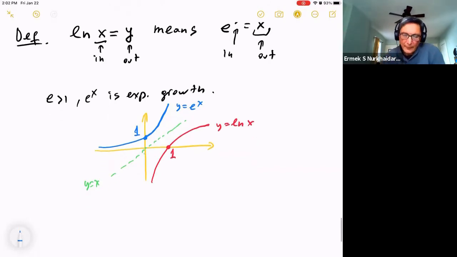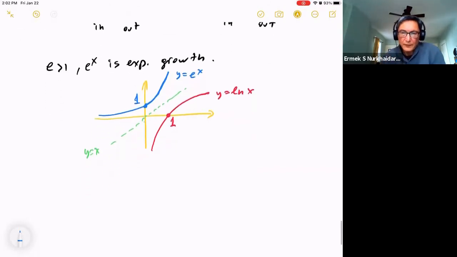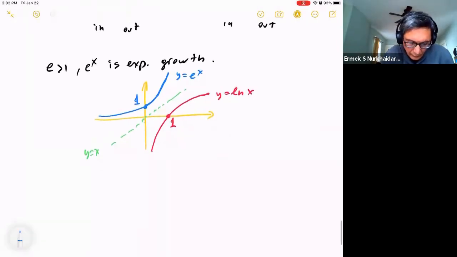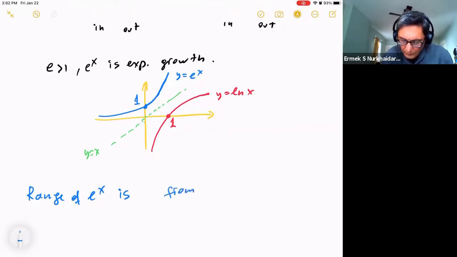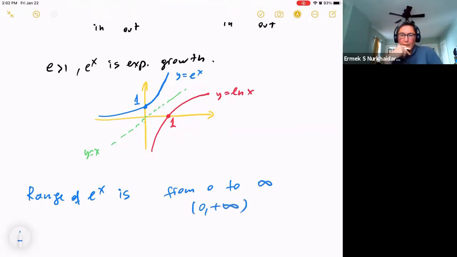Okay, and if we go a little bit more, then we notice that the range of e to the x is from 0 to infinity, using interval notation 0 to plus infinity.